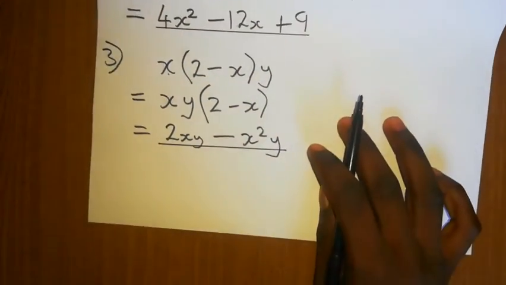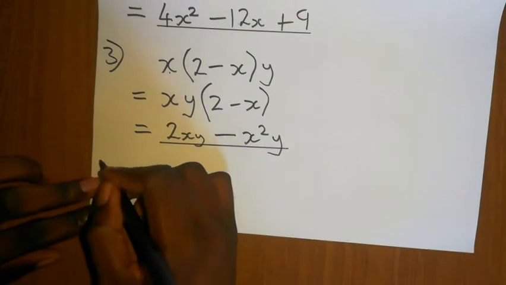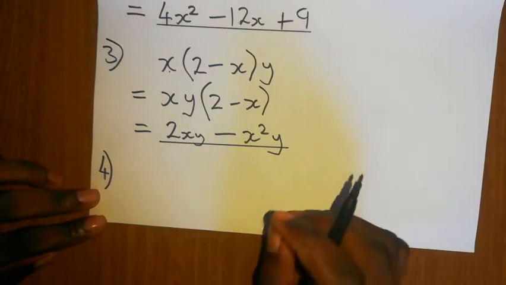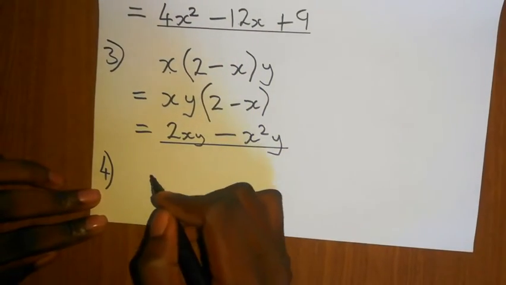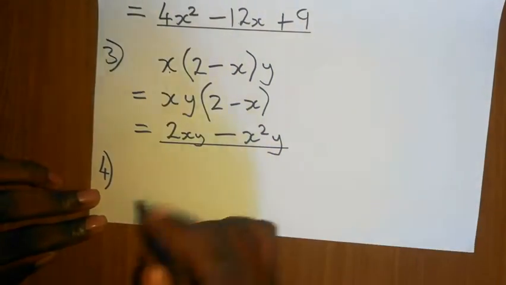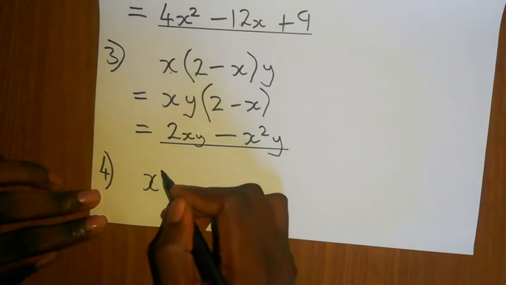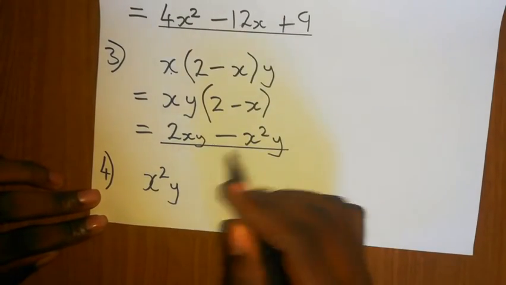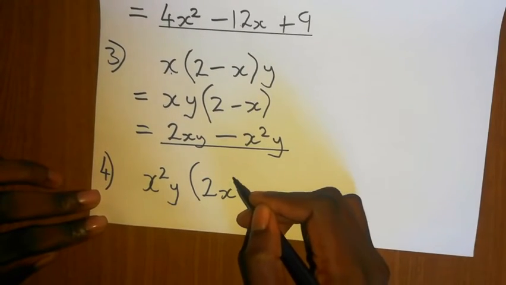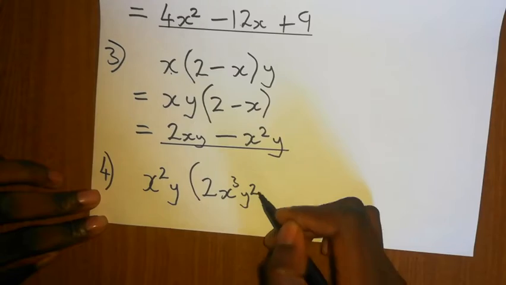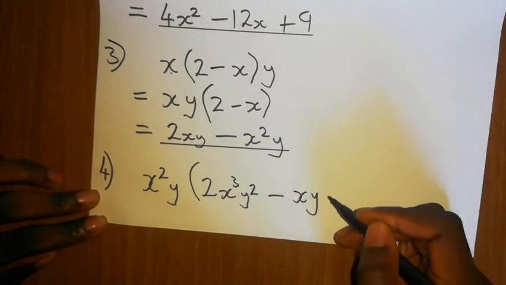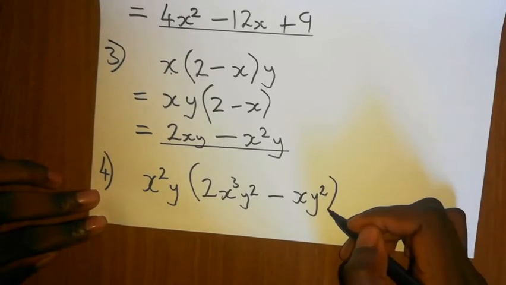Then the fourth type of expansion, number 4, you come across expansion that contains powers. In this case, my question will be saying remove brackets and simplify x squared y, then bracket 2x cubed y squared minus x y squared, close the bracket there.